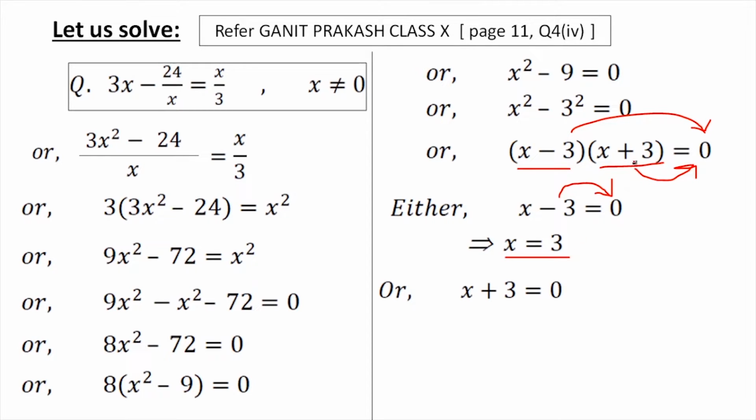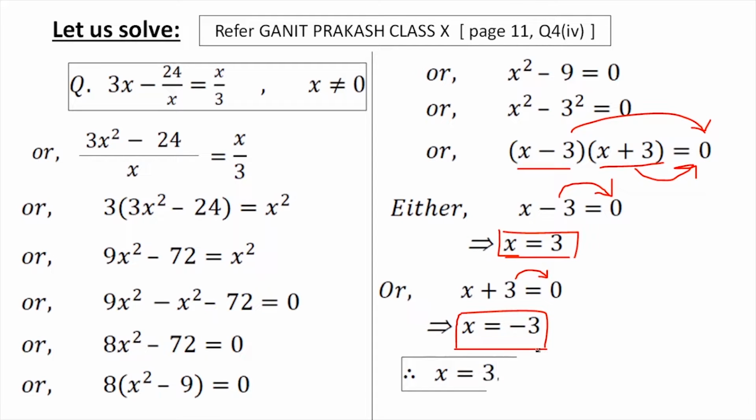Or x plus 3 equals 0, and taking 3 onto this side, we get x equals minus 3. Why minus? Because it's plus here, and taking onto the right hand side, it becomes minus. So these are the two values of x. The values of x are x equals 3 and x equals minus 3.